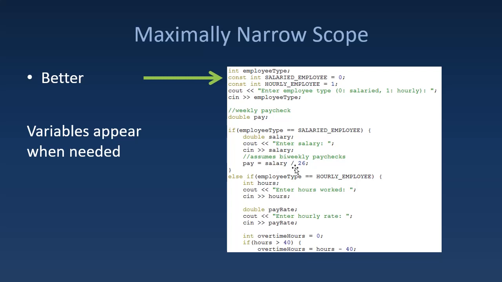And then after the if-else is done, we can just print out the final pay. Right? So the pay variable has been hoisted out of the if-else because we need it across the whole length of the program. Other variables like hours and pay rate that really only apply temporarily to get that information and do some calculations in one particular situation, those we've left inside the more narrow scope of the if or the else if.